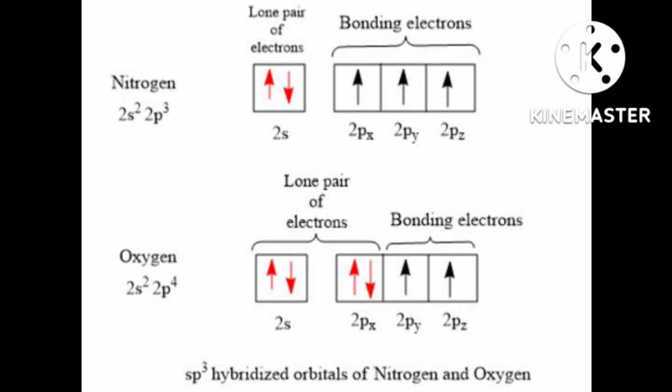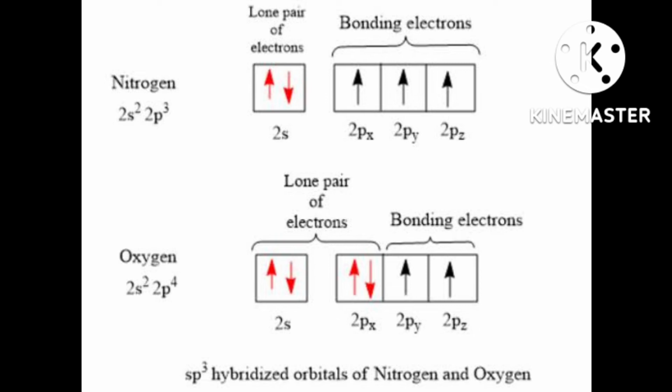Generally, as I told you, only the positive lobes will overlap, and the very small, negligible negative lobes provide more effective overlapping. Positive means more overlapping, resulting in the formation of a stronger bond.